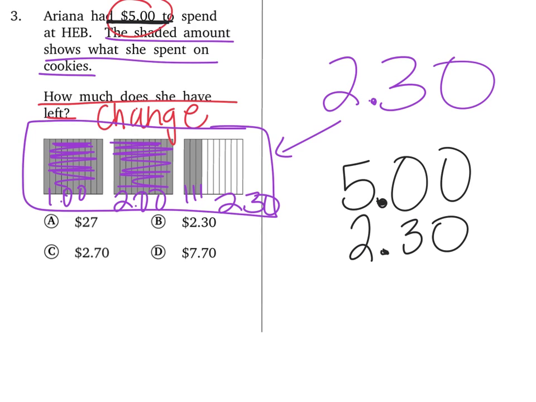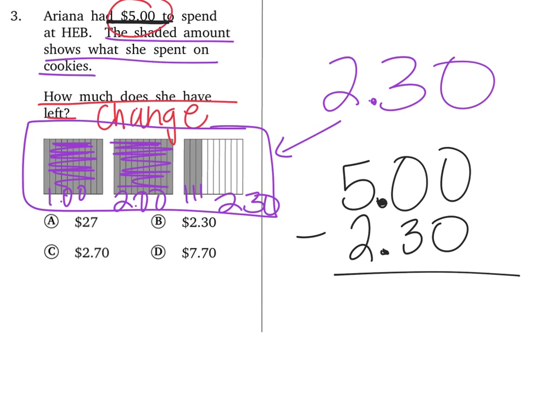Because she came in there with $5 and she spent $2.30. Now we have to figure out the change she received. If you go to the store and you buy something, you're going to come out with more money or less money? Less money. You spent it, so that means you're subtracting it.